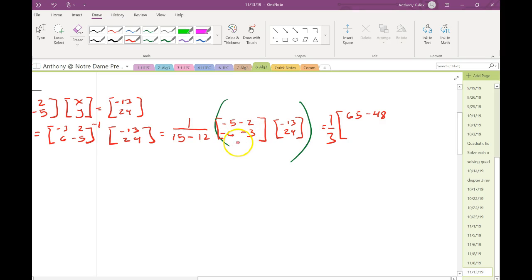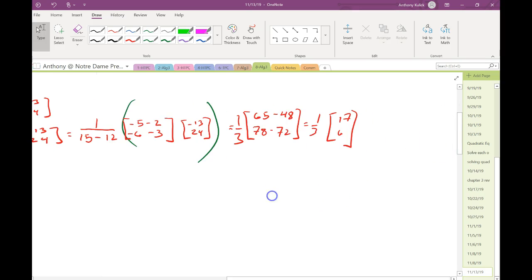And then my second entry is going to be row 2 times column 1. 6 times, or negative 6 times negative 13 is 78, plus a negative 3 times 24, so that's minus 72. So that gives me 1/3 times the matrix 17 and 6. So when I do that scalar multiplication, I get 17 over 3, and then 2. So I can say x is 17 over 3, and y is 2.